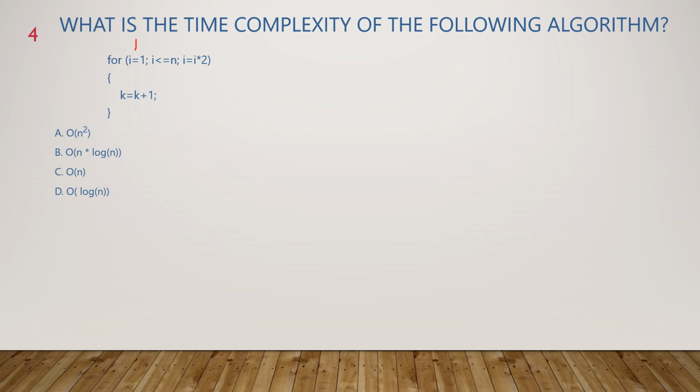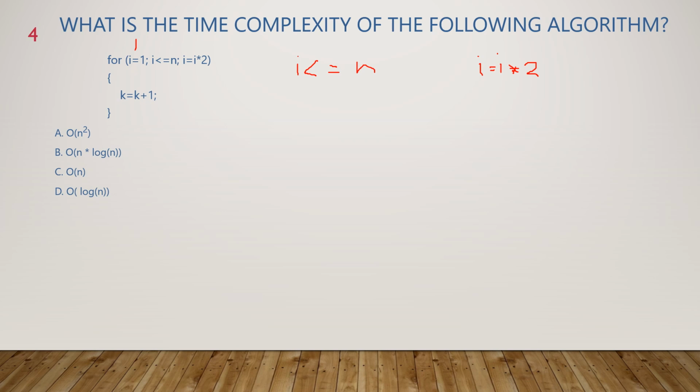For example, the first one is i less than or equal to n. Then here there is the increment, i equals i times 2.